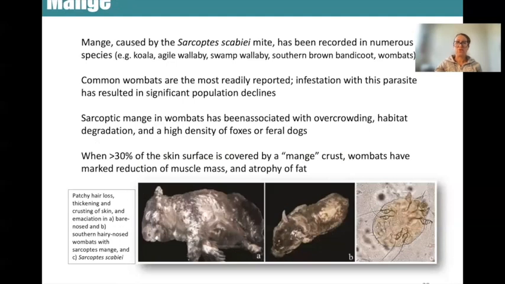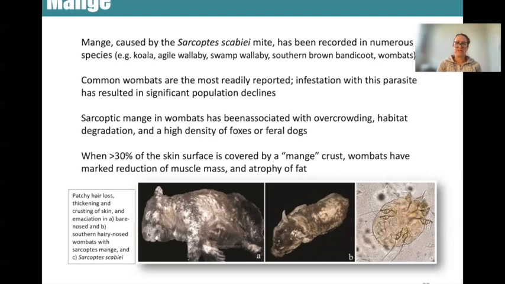Mange, which is caused by the Sarcoptes mite, has been recorded in numerous species, including koalas, wallabies, and bandicoots. However, common wombats are the most readily reported species affected by mange, and infestation with this parasite has resulted in significant population declines.